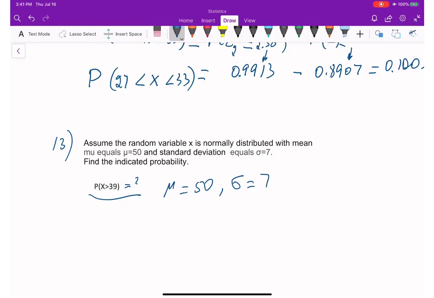So first of all, let's do this. We need to find z-score, probability of z-score.